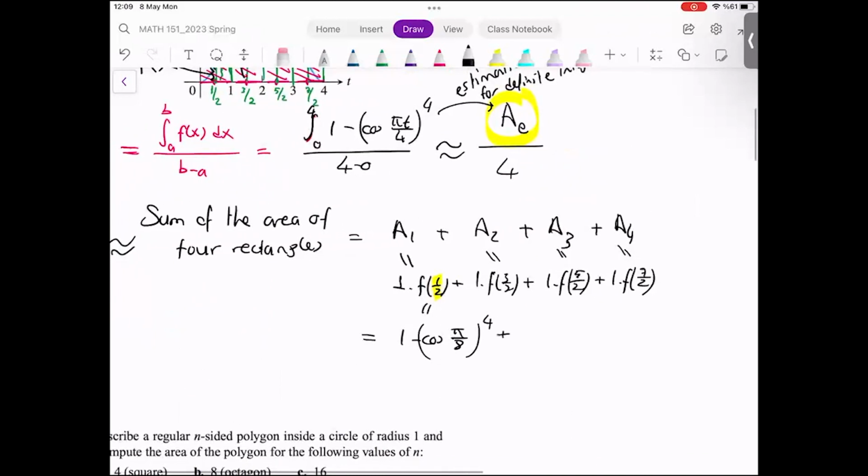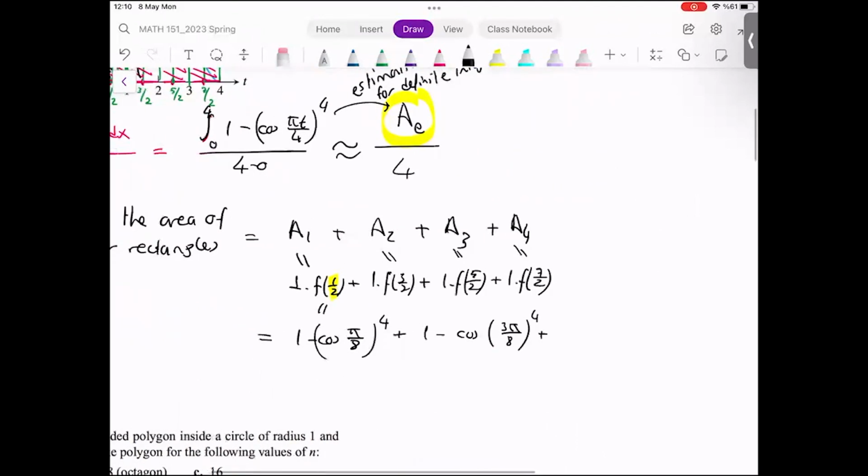Similarly, it is 1 minus cosine. Again, insert 3 over 2 for t there, so you will obtain this. And I keep computing the image for each rectangle. Now I will insert 5 over 2 for t. That's why it is cosine 5 pi over 8 to the power 4.